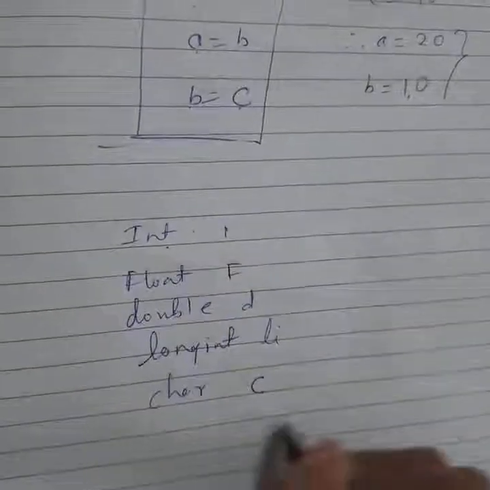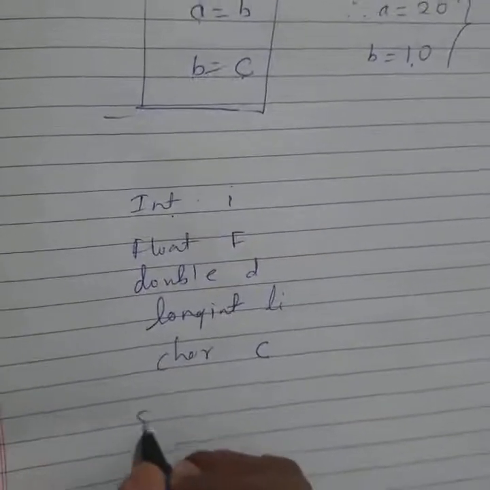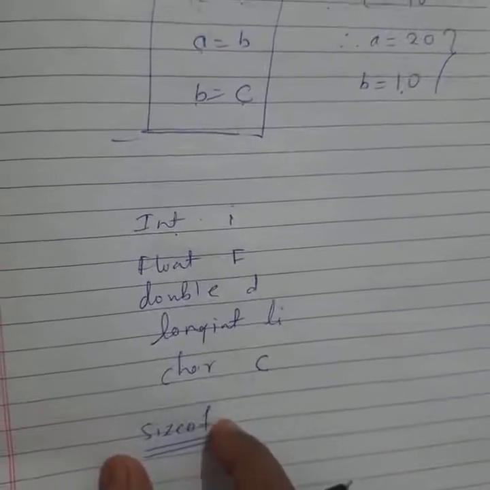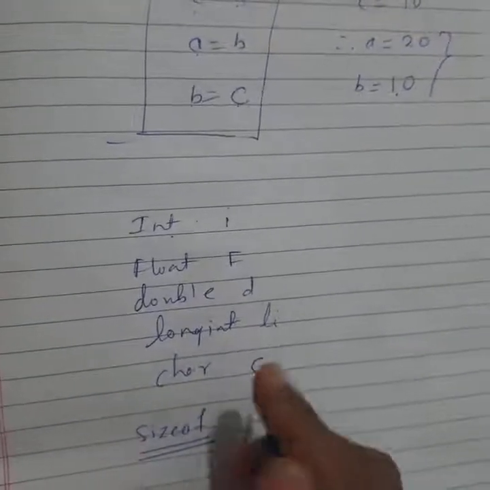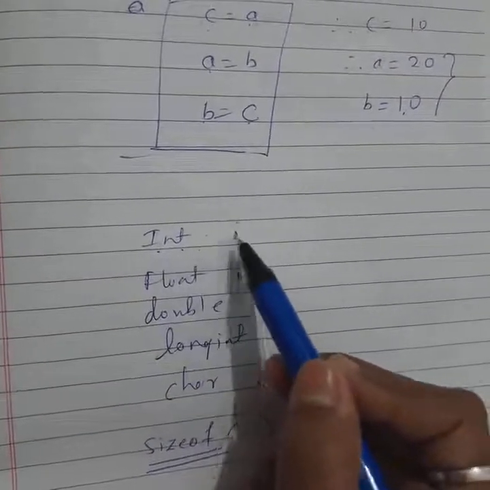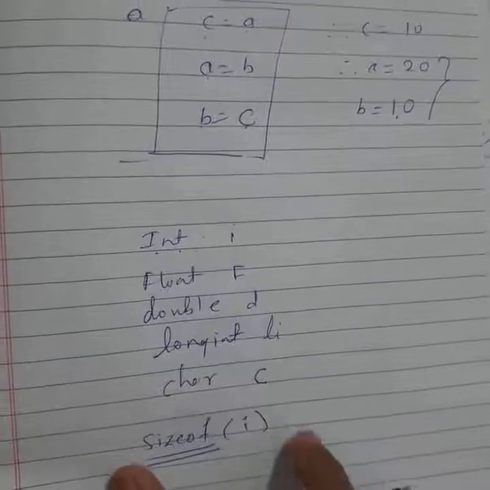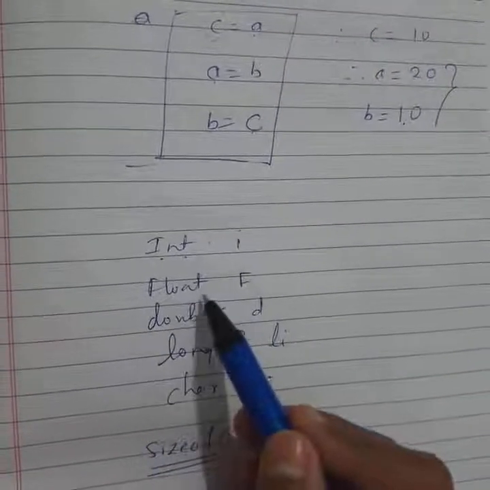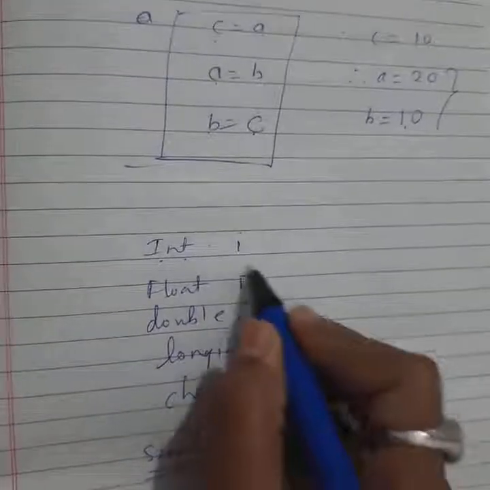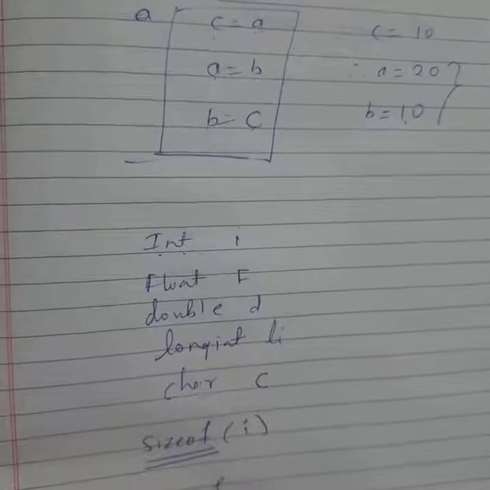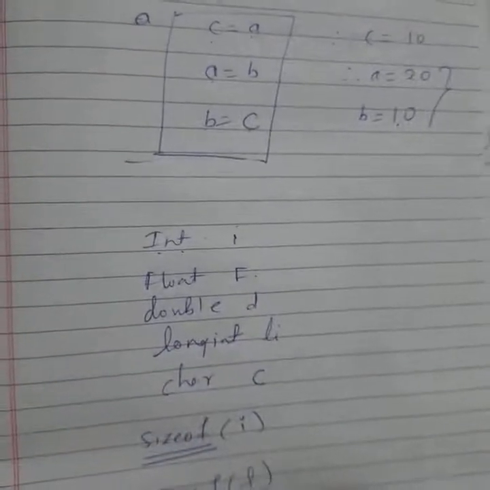For the size of data types, the function used is sizeof. This is the keyword, the sizeof function. Suppose I want the integer data type size, I pass the variable i in this function. And if I want the size of a float data type, again I use the sizeof function and pass the variable f.